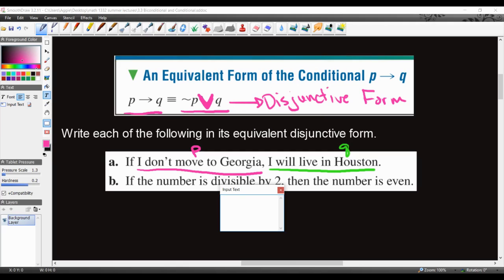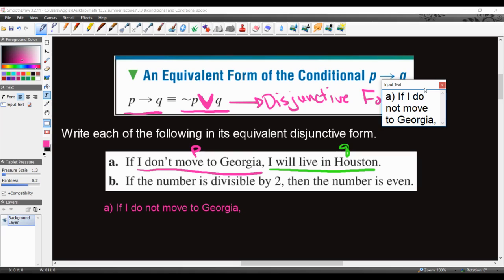So for letter A, if we were to go ahead and change this to the disjunctive form, if I don't move to Georgia, you would have to change that P to a not P. So it would be if I do not move to Georgia, okay, like so.